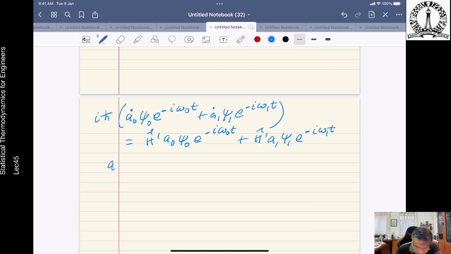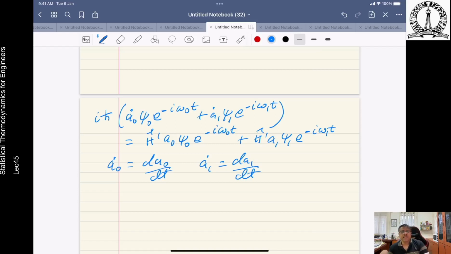Okay, so ȧ0 is equal to da0/dt, and ȧ1 is equal to da1/dt.